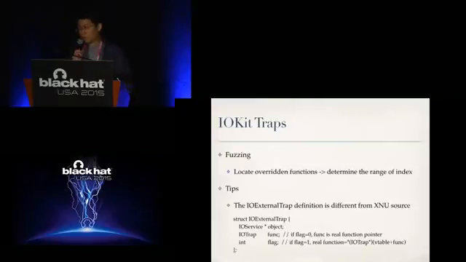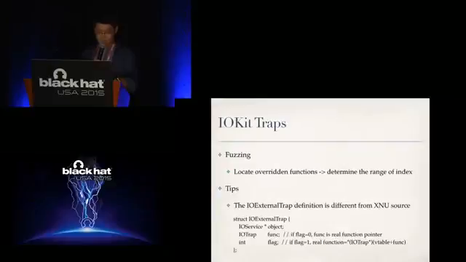So, how to fuzz this part? Actually, first locate all the overridden functions, and in those functions you can determine the range of the index. Then you can do the fuzzing, because there's no more size check. You can just put in 6 parameters.